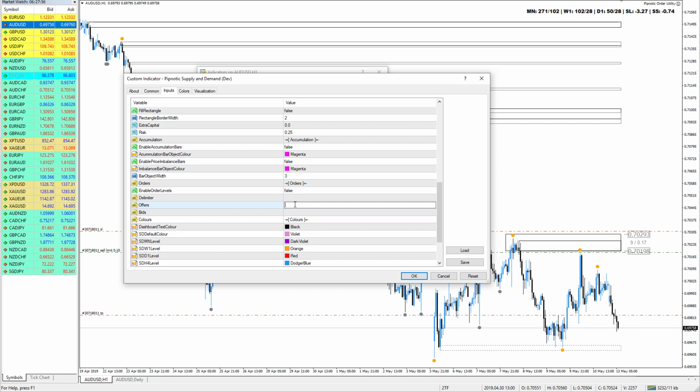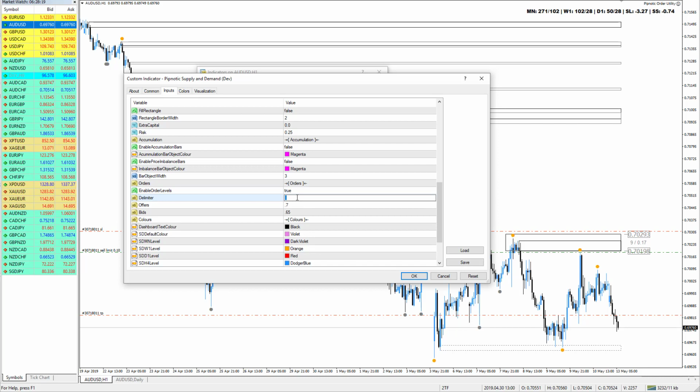So let's assume for a second that you have an order block that is, let's say, 70 to make it easy. We have an offer, and the bids we have 0.65. Let's enable these. You can paste them in here.